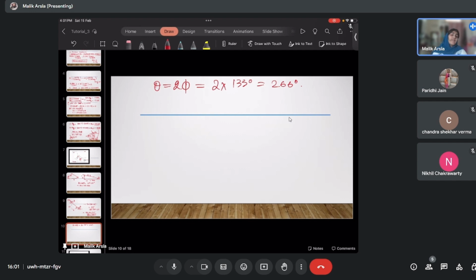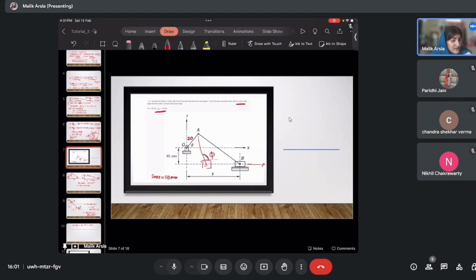Now this is the final configuration for which you have to figure out. This theta is given as 266 degrees. In that configuration, this theta has gone beyond like this. So this will be A, this will be O, this will be the slider.